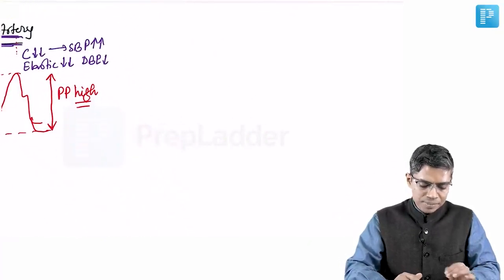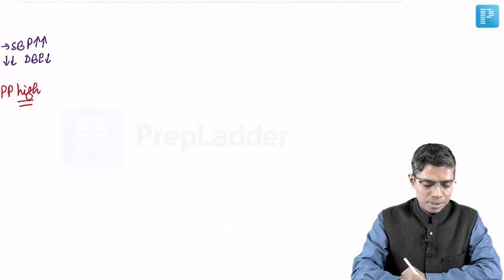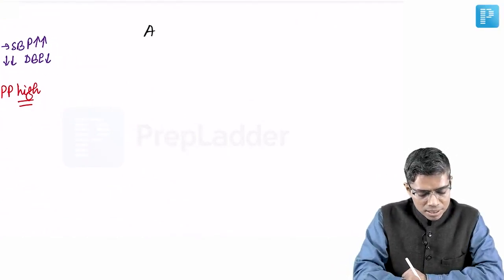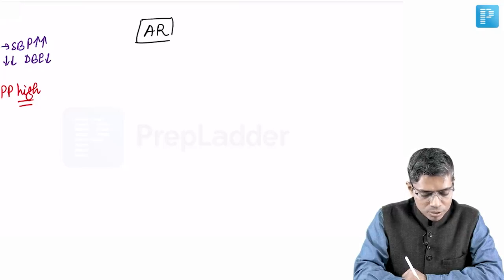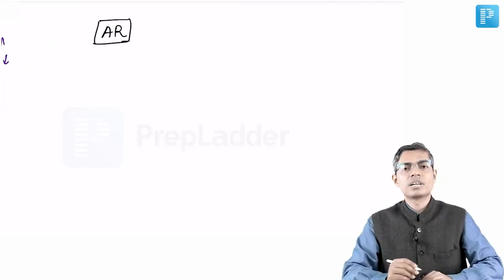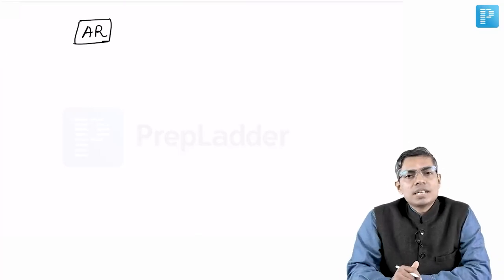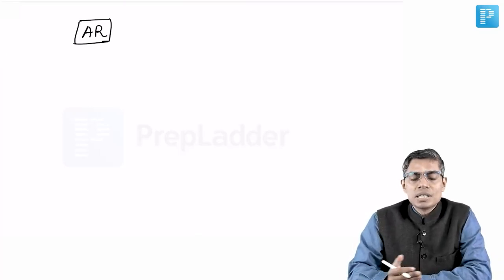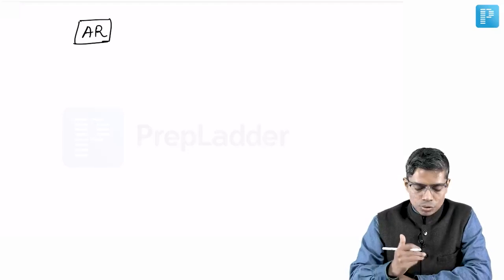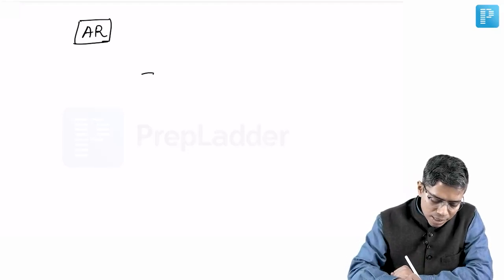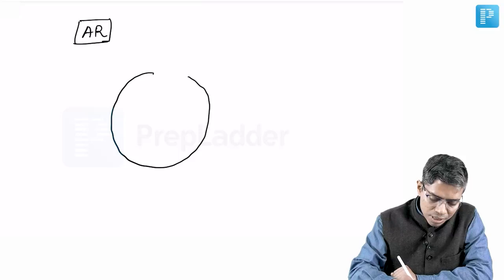Now another concept. If I want to apply my concept in a patient of aortic regurgitation, what is going to happen to the systolic blood pressure and diastolic blood pressure in this person? We have discussed aortic regurgitation in our pressure volume loop, in our Wiggers diagram, everywhere. So now let's discuss once again what will happen to the systolic blood pressure and the diastolic blood pressure.